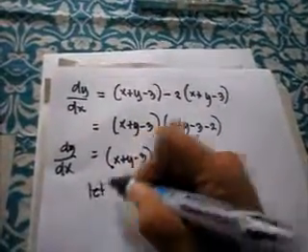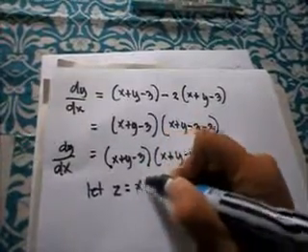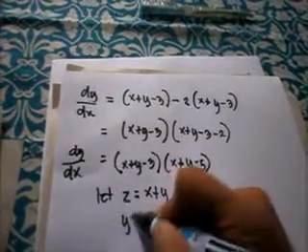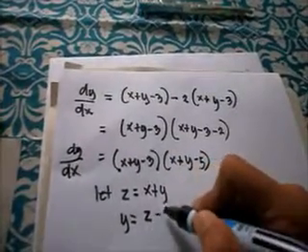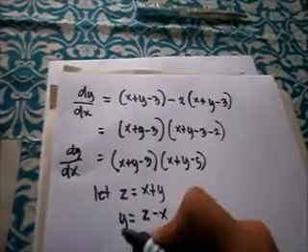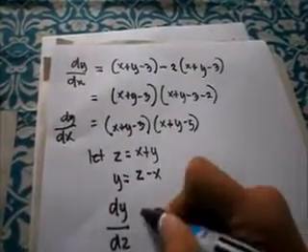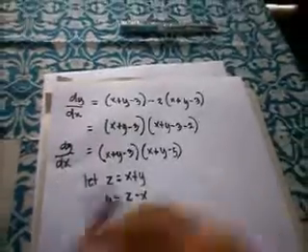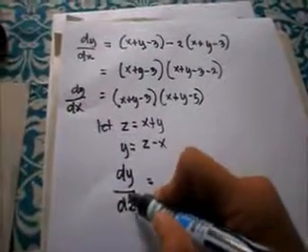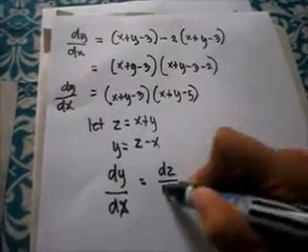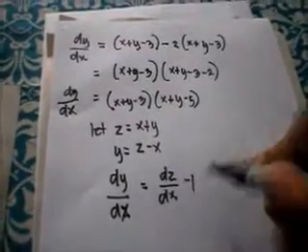If we let z equal x plus y, let's see what happens. So y is equal to z minus x. If we derive y in terms of x, we get dz/dx minus 1.